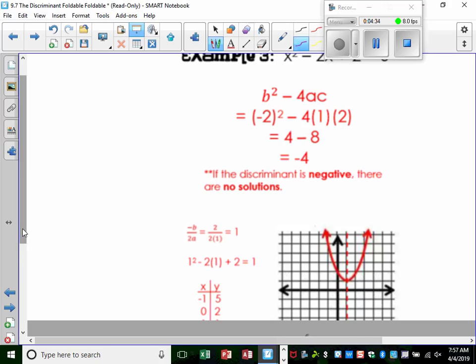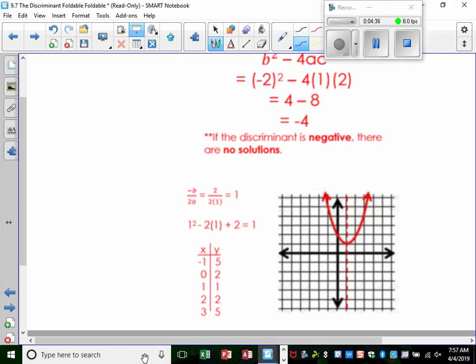Okay, this is the graph of one where it is not touching the x-axis at all. You have no solutions. Okay, so go ahead and copy the table, plot the points. It's also showing you that vertical line for the axis of symmetry. Okay, so I'll pause this.